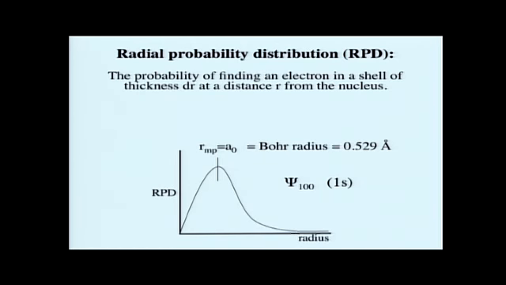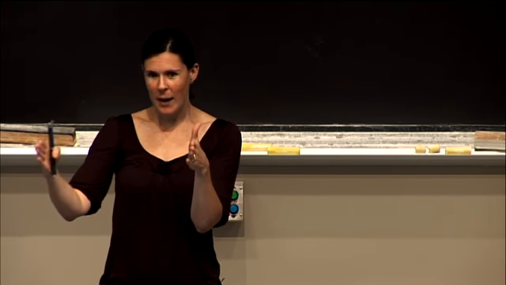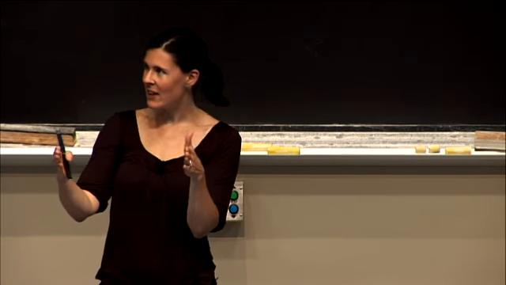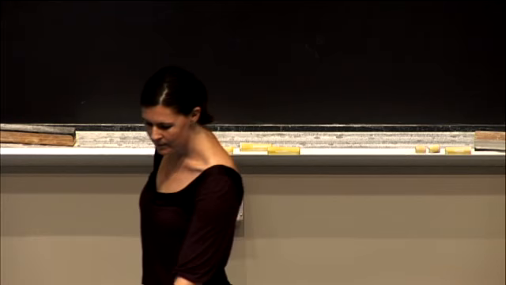So basically what we're saying is if we take any shell that's at some distance away from the nucleus, we can think about what the probability is of finding an electron at that radius. And that's the definition we gave to the radial probability distribution.